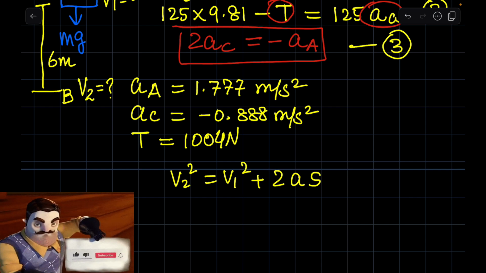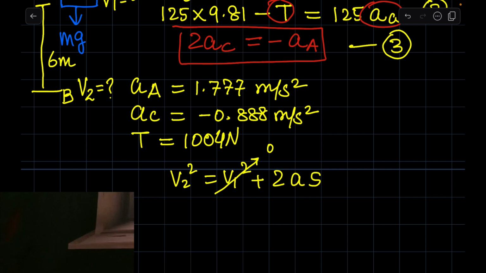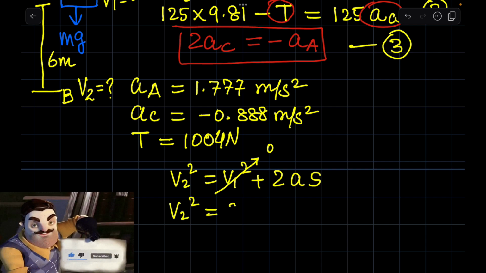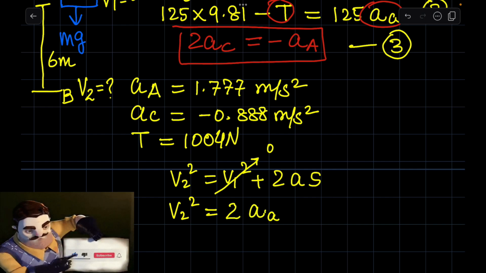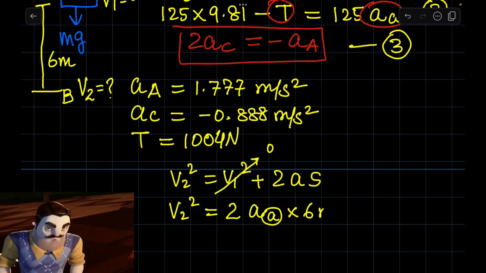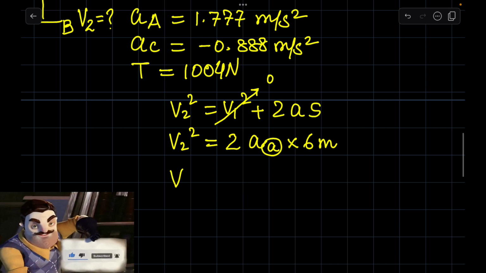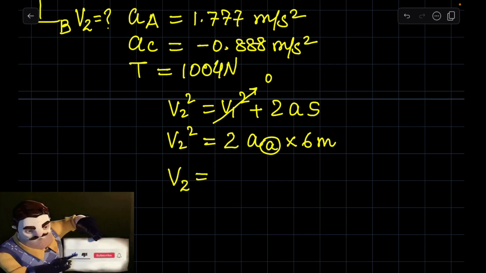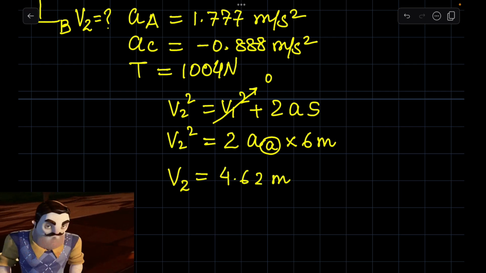The initial velocity just starts from 0, so v2 is equal to the square root of 2 times the acceleration of the body a, multiplied by the distance 6 meter. From this formula we can easily find the velocity at point 2, which will be 4.62 meter per second.